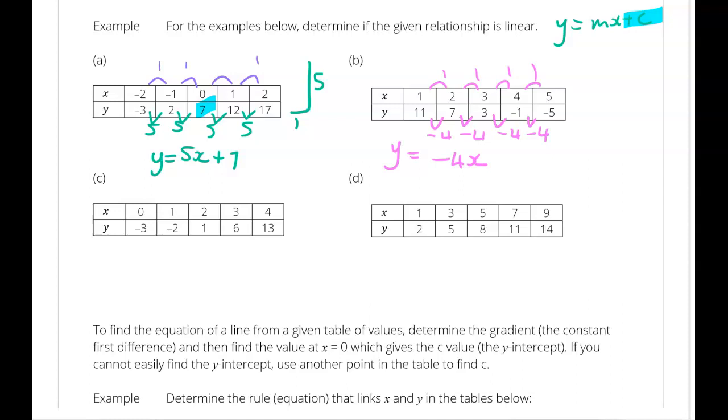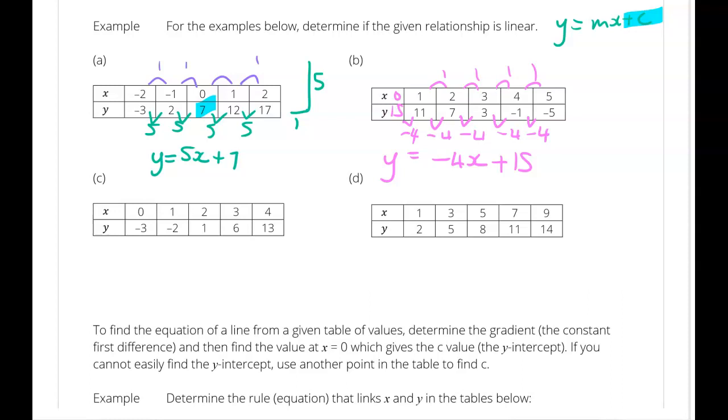So we say the gradient or the constant difference is -4, which is essentially the gradient of the line that we use to plot those points. And then what's our y-intercept? Nothing. Well, there is one there. We just need to back project. So what do we have to start with to take 4 to get 11? That's 15.